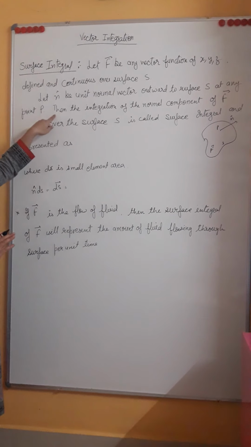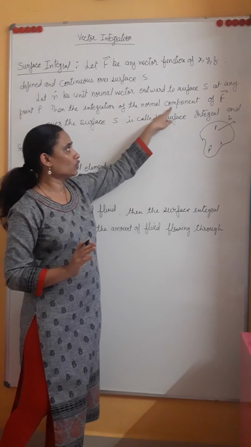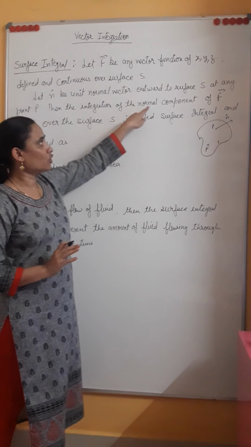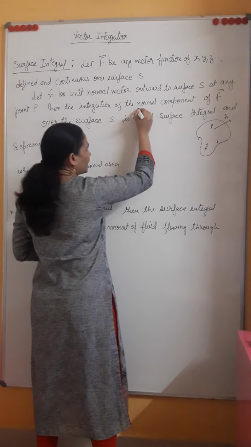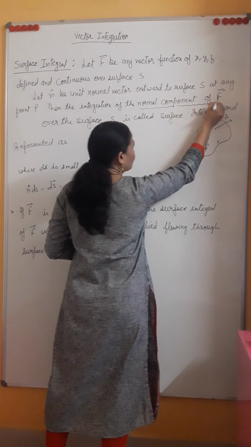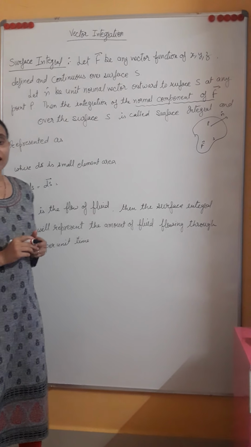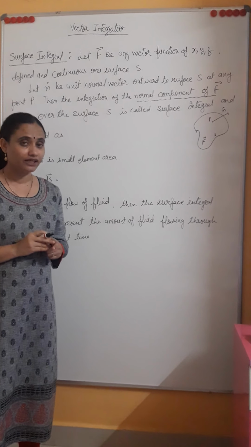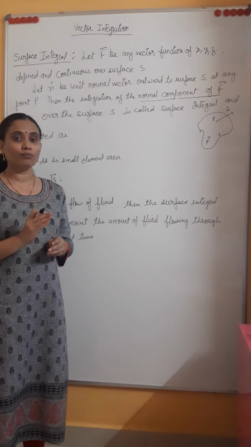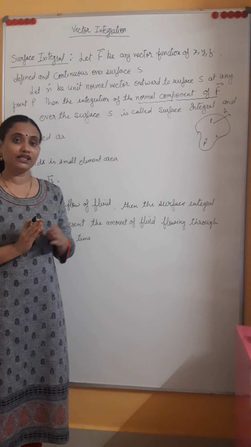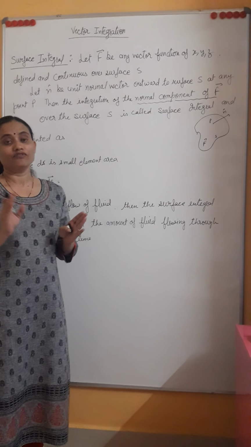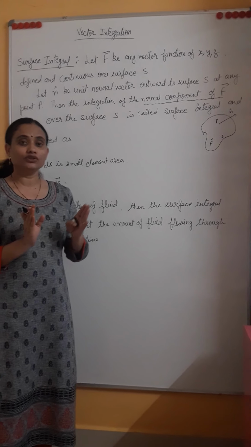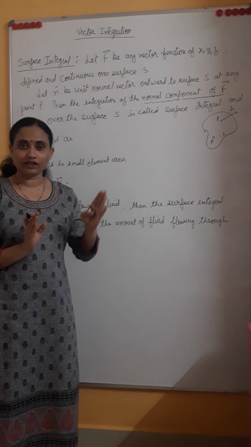Then the integration of the normal component of f. Now when I say normal component of f, how can I find the normal component of any function? As we discussed in vector differentiation, in directional derivative, whenever we have to take the component of any vector function in a particular direction, we take the dot product of the vector with the unit vector of that direction.